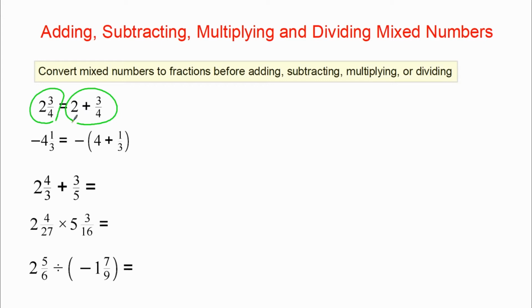One way of converting a mixed number to a fraction is to solve and find out this addition. So for the 2, I can make it a fraction by adding over 1, because any number over 1 would be the same number, plus 3 over 4.